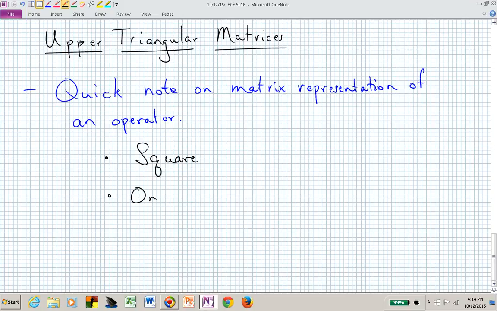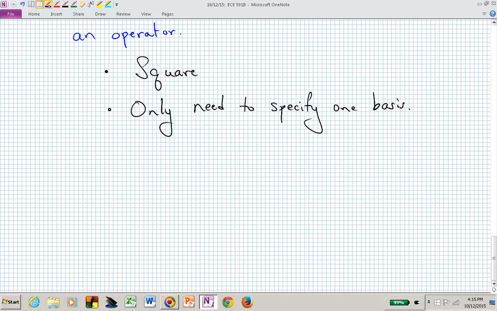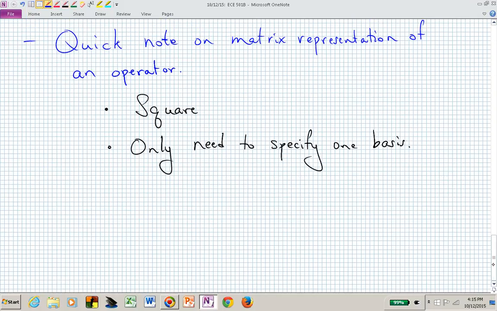And we really only need to specify one basis if we want to. What would be nice is to figure out what a nice basis, that one basis, might be.